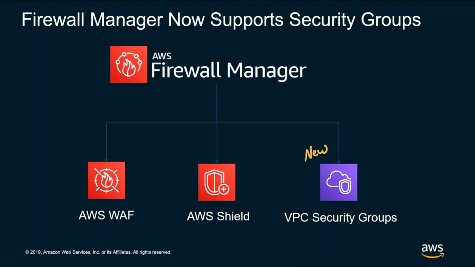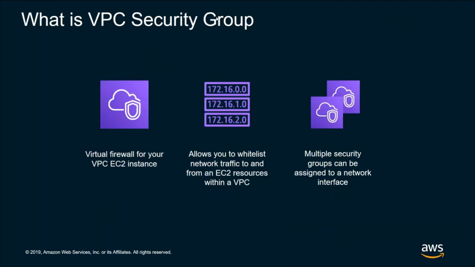Going forward in this session, we'll talk about Firewall Manager and its support for VPC security groups. But before we talk about that, let's quickly understand what VPC security groups are. Of course, we'll not talk about this in a lot of detail, but very quickly, VPC security groups, as you might already know, are a virtual firewall for your VPC EC2 instances.